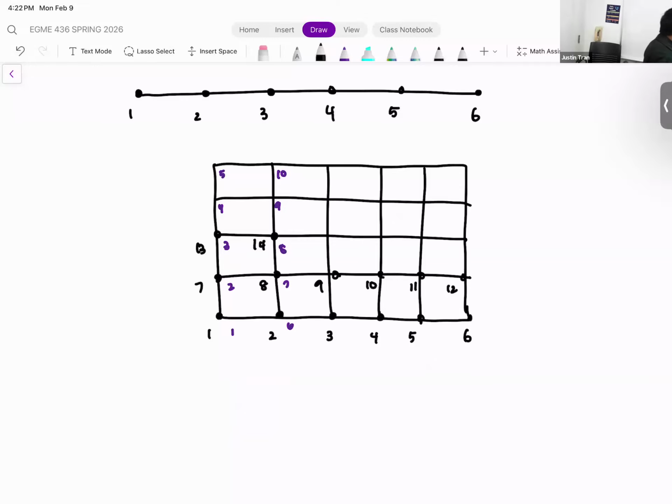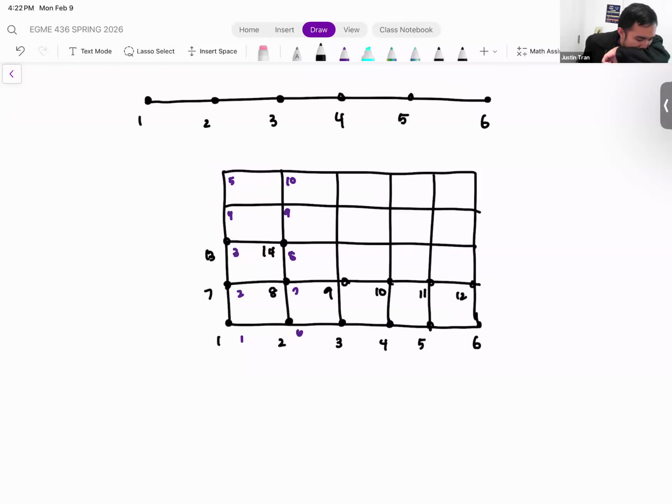The other thing that's important to note is that you need to know the node indexes as well.